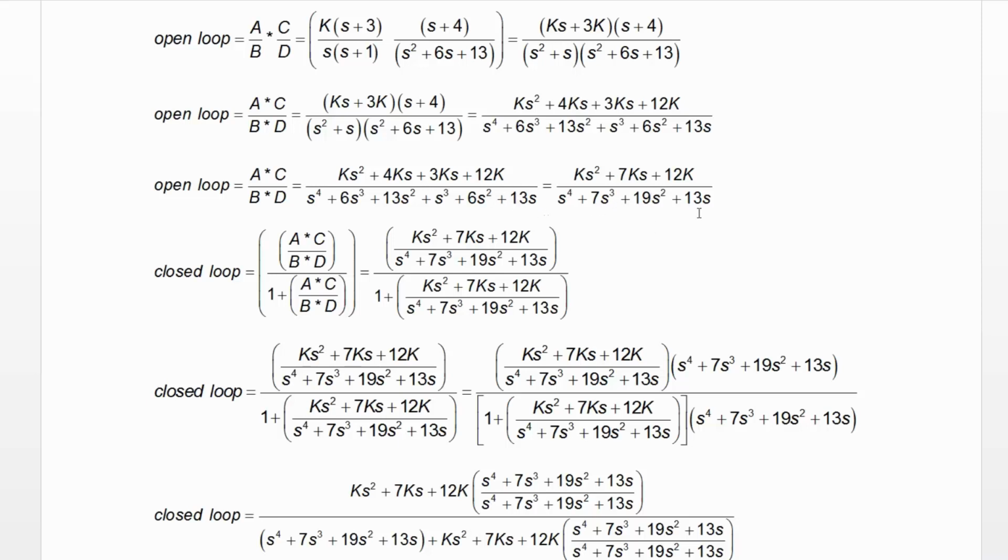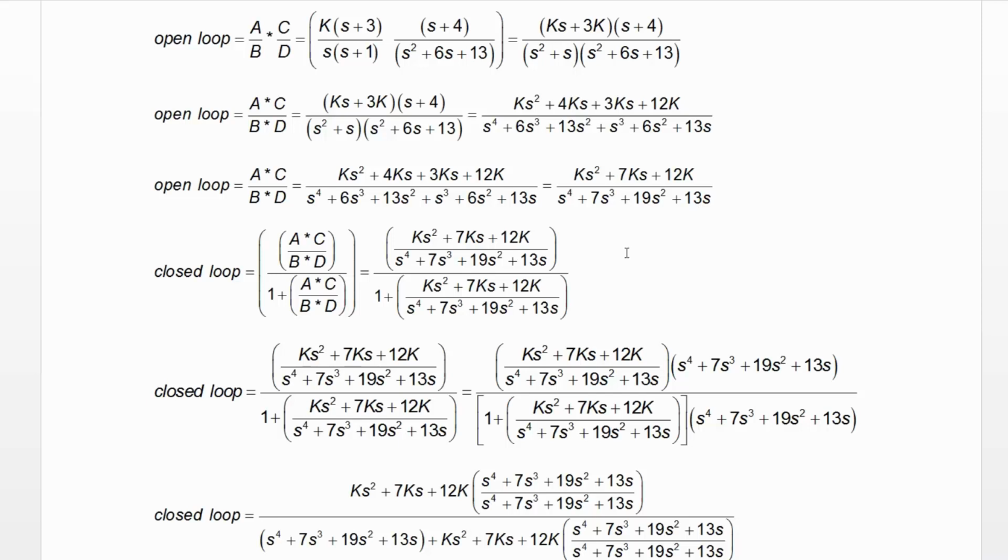And then 13S is by itself. So the open loop or the forward path equation reduces to KS squared plus 7KS plus 12K over S to the 4th plus 7S to the 3rd plus 19S squared plus 13S.